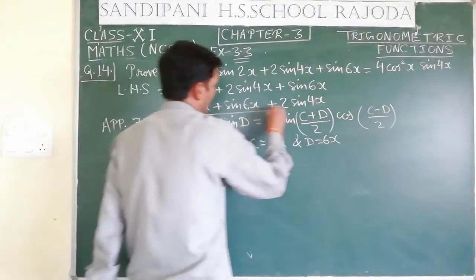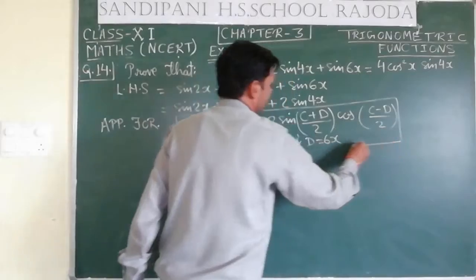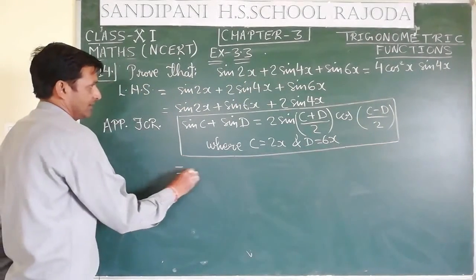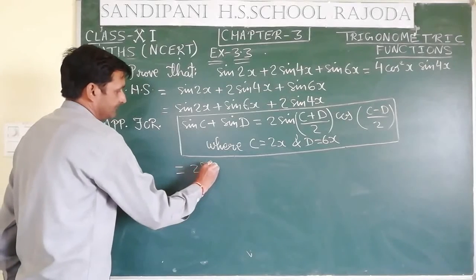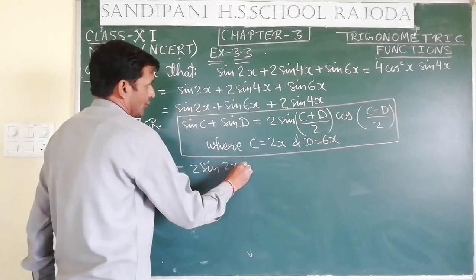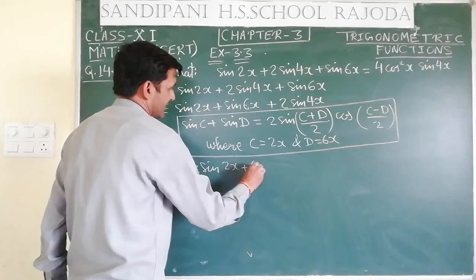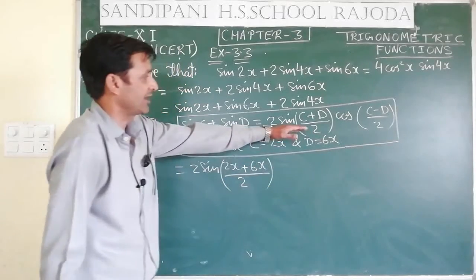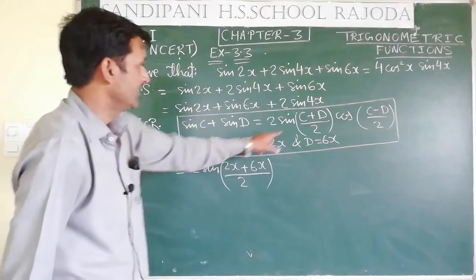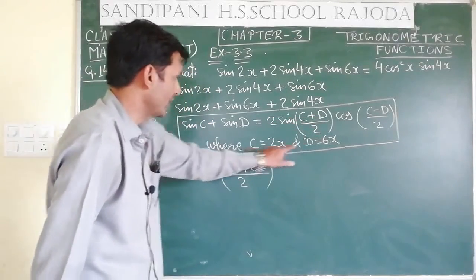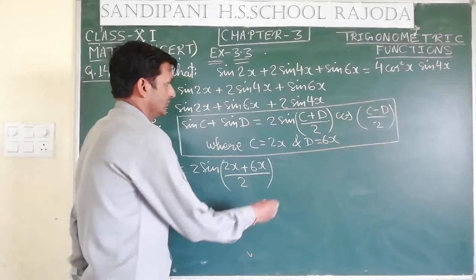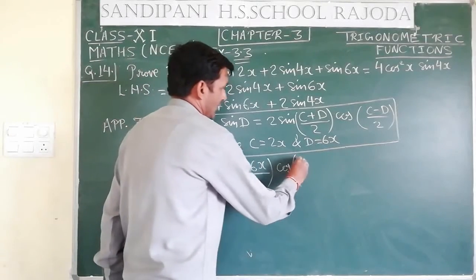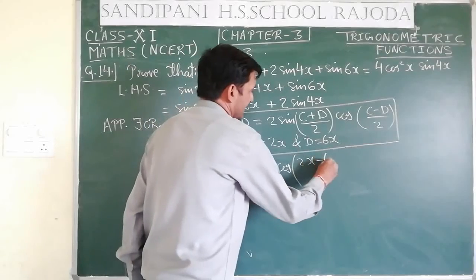This is the applied formula. So 2 sin (2x plus 6x) upon 2. It is clear in RHS. 2 sin (c plus d) by 2 means (2x plus 6x) by 2, cos (2x minus 6x) by 2.